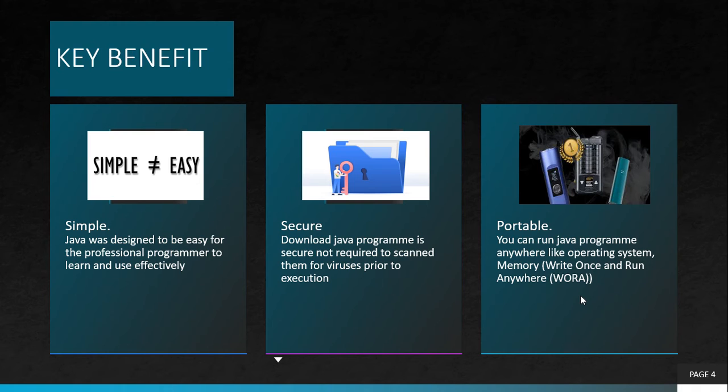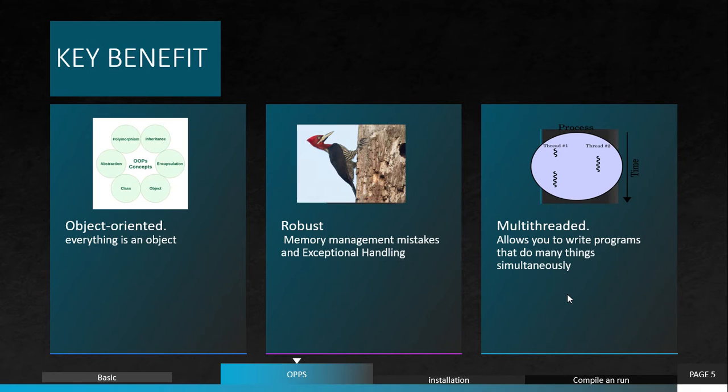That is the guarantee given by the Java team. So you can say write once, run anywhere. You write the code once, and you can run it anywhere, anytime. From a portability point of view, Java is very good. Okay, so the next thing is object oriented.